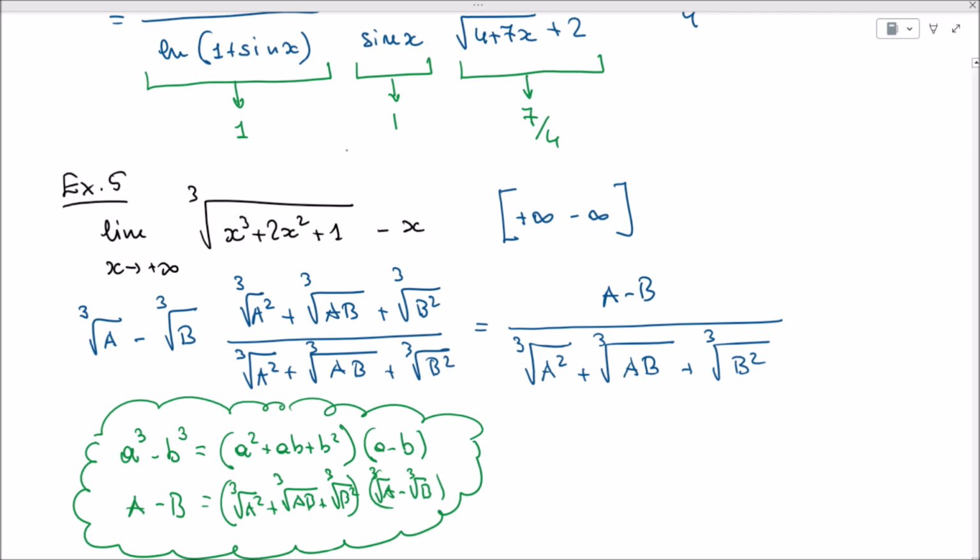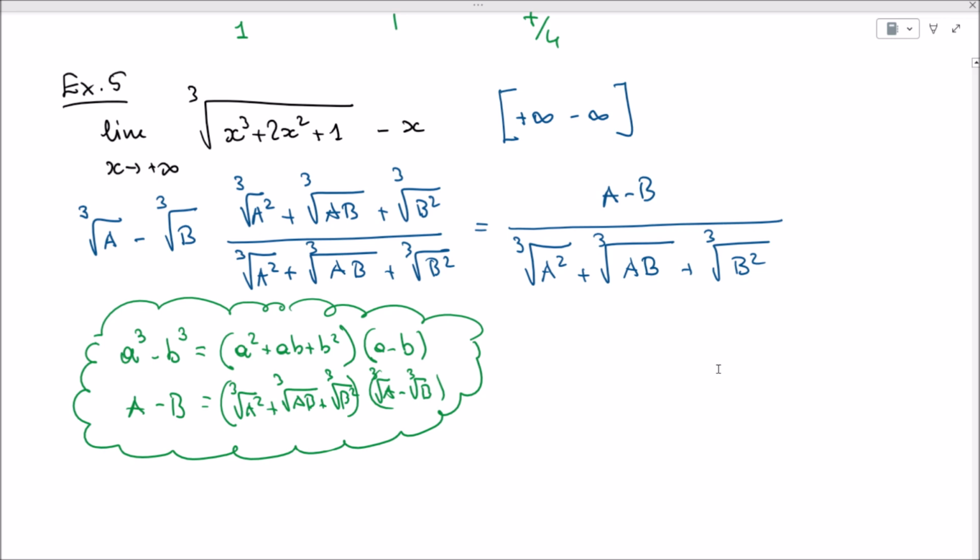Now let's apply this technique to the given limit.